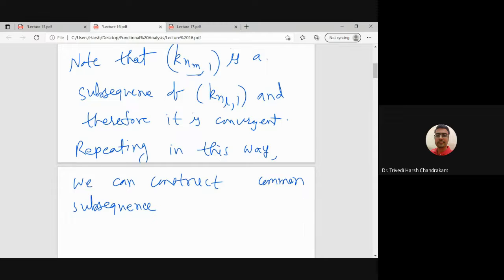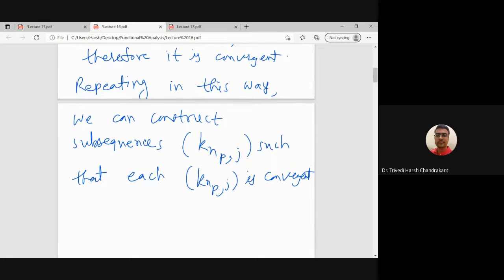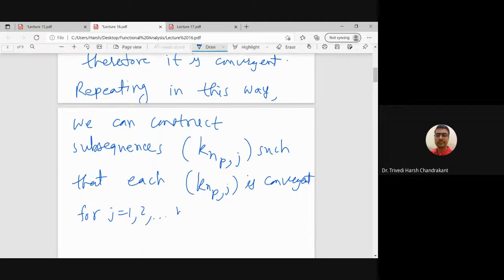So we can construct subsequences, let us call it K_{n_{p_m}}^j, such that each subsequence is convergent for j equals 1 up to m.